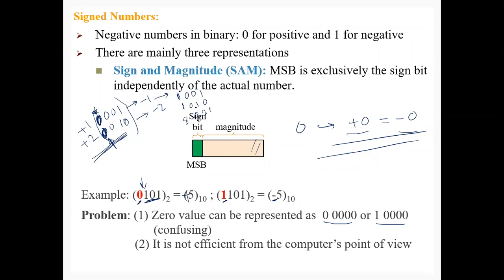Yeah, because you are telling your electronic device that you are using the SAM system, so it won't be confused. I see why it's a little confusing. You have to tell it that you're using the SAM system. You have to develop everything on the basis of SAM.